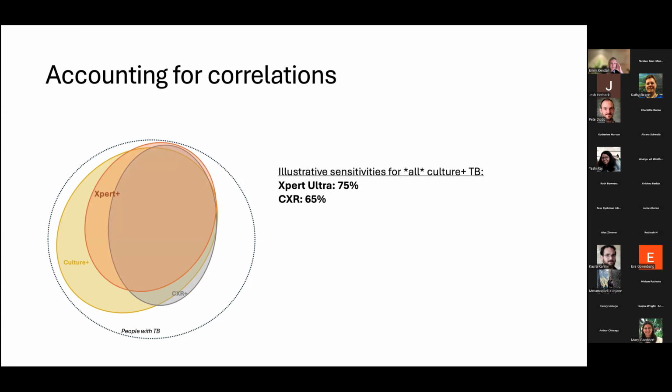But here, even though chest X-ray detects the majority of TB, most of the TB here that is Xpert negative, culture positive, is also chest X-ray negative. It lies over here in this portion that neither of the tests detect. In other words, they're correlated.